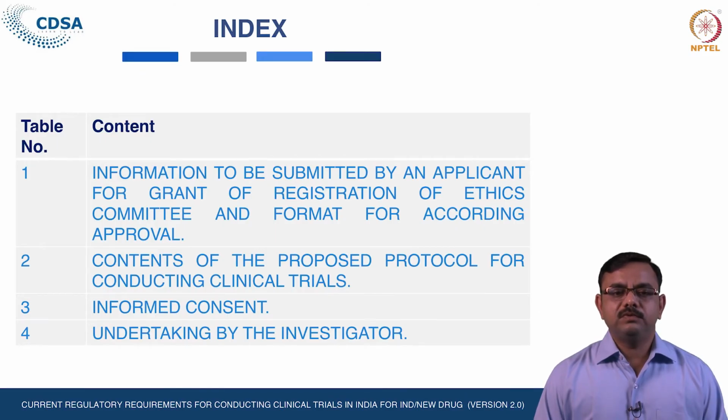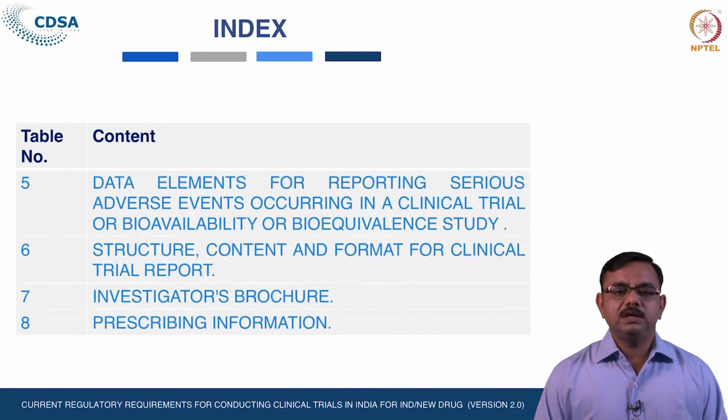Then table number 4, undertaking by the investigator, is not covered anywhere, so we will see it in detail. Table 5 is the data element for reporting SAE in a clinical trial or in a BA/BE study. Table number 6 is the structure, content and format for the clinical trial report, which is covered in a separate lecture.